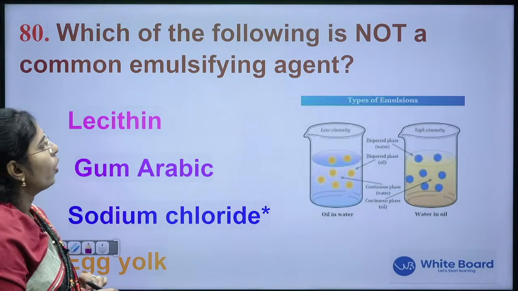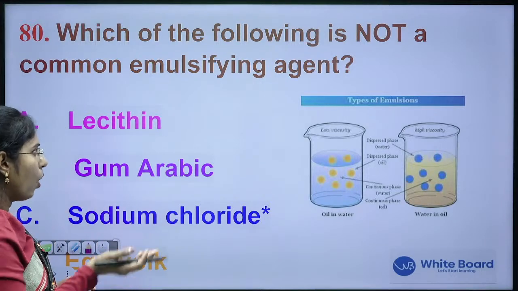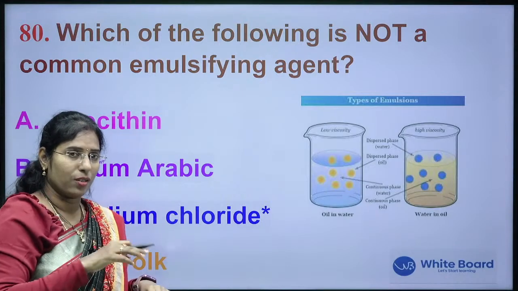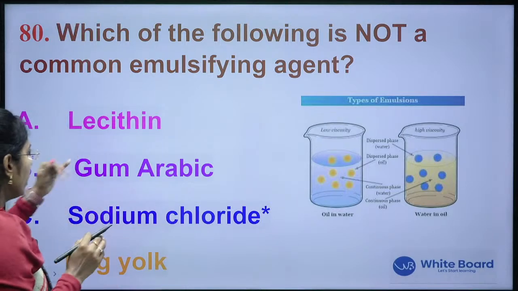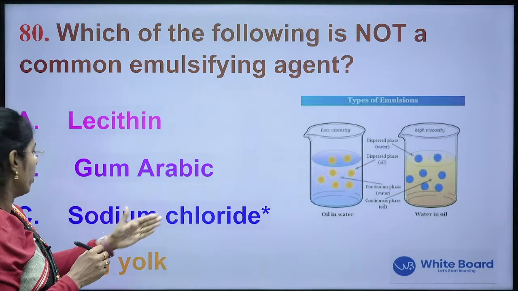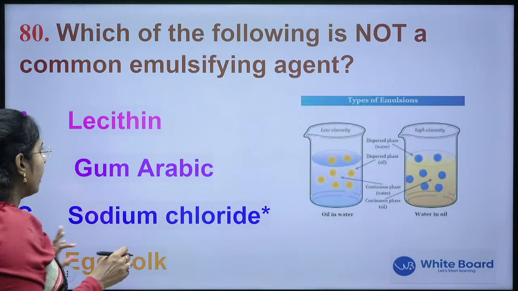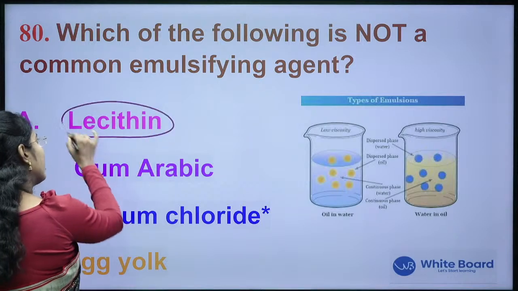Right, which of the following is not a common emulsifying agent? Already we have discussed this in the starting questions. Emulsions are stabilized by using an emulsifier. Here they have given different emulsifiers: lecithin, gum arabic, sodium chloride and egg yolk. Lecithin acts as an emulsifying agent.